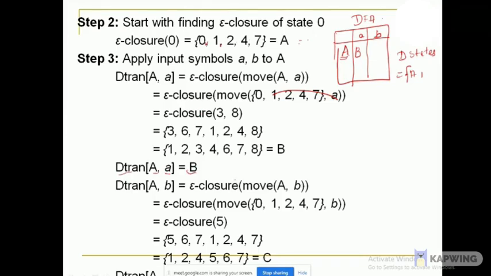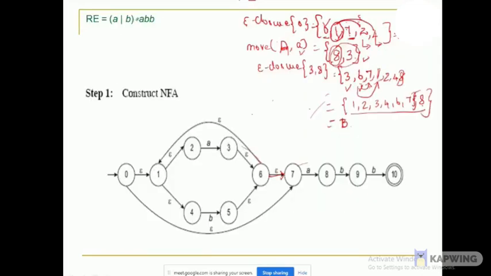Okay. Now we have to find the next transition, that is the transition from A on input symbol B. So when you take the move of A on input symbol B, what is A? We have 0, 1, 2, 4, 7 on input symbol B. Do you have any transition from 0 on B?